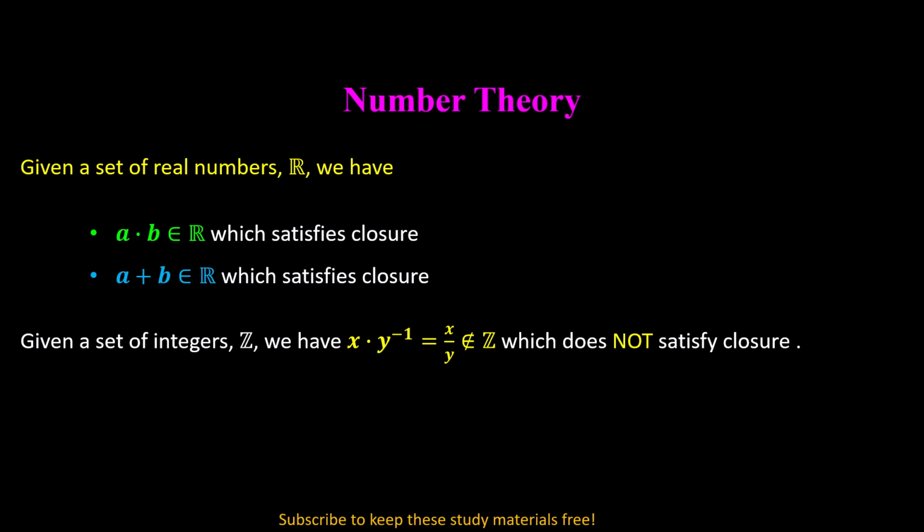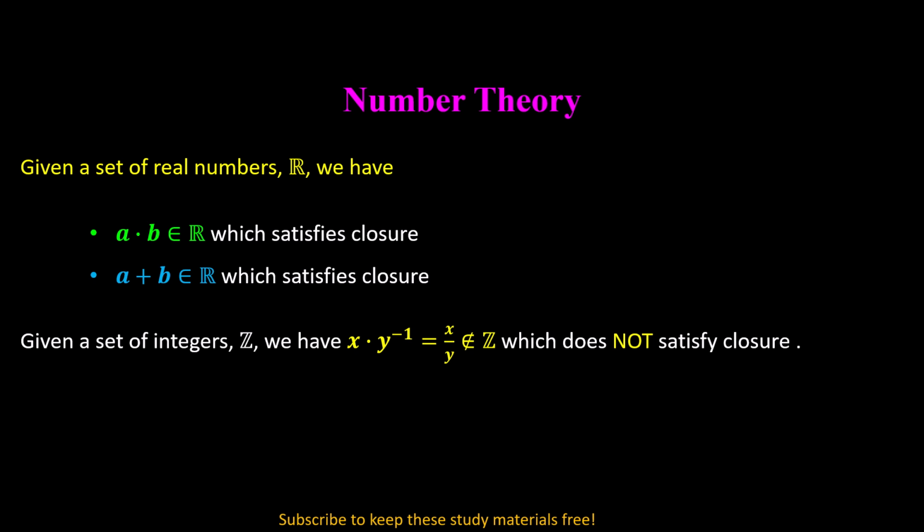It says given a set of integers, and then they say Z, because Z stands for the integers, we have x times x to the -1 equals x over y, but that's not in the integers. So what they're saying, if you take x, it's a whole number, given as x, it's an integer.